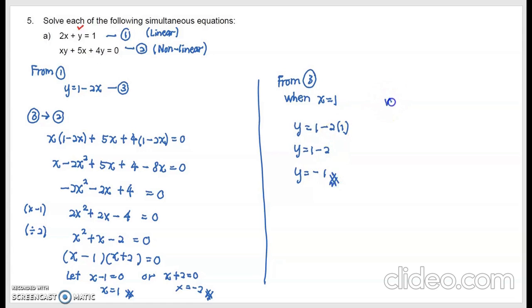So here, when x is equal to negative 2, y is equal to 1 minus 2 times negative 2. So here is 1 plus 4, which is equal to 5. So this is the answer for question 5a.